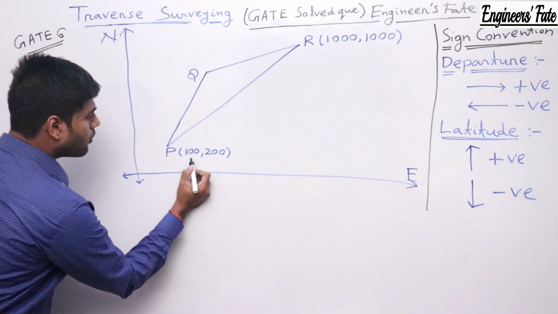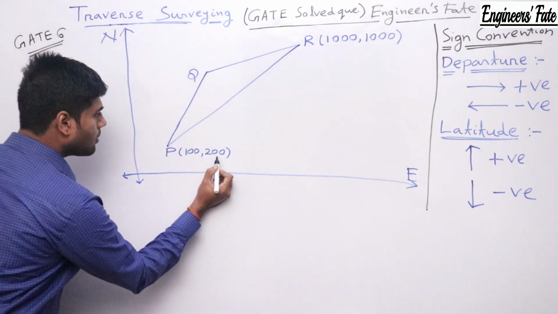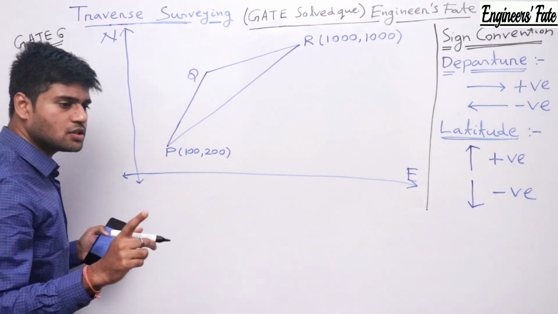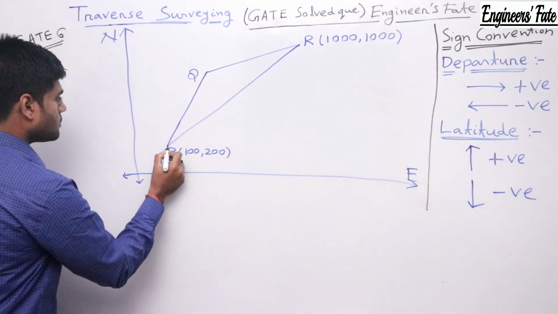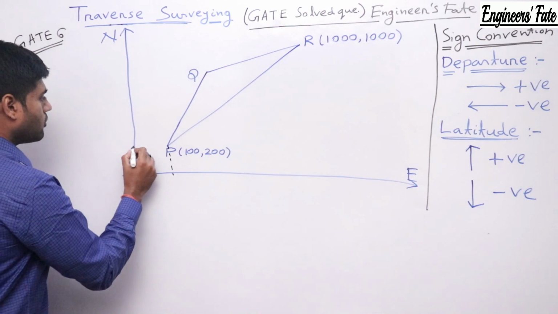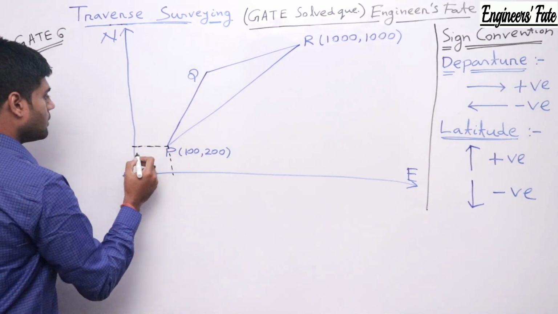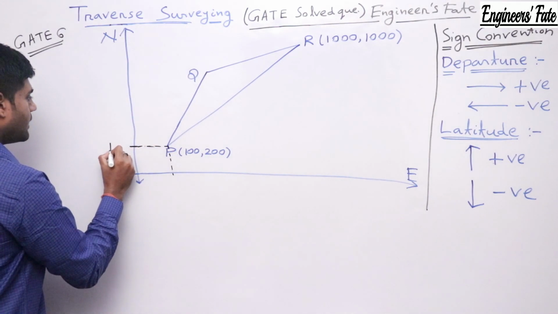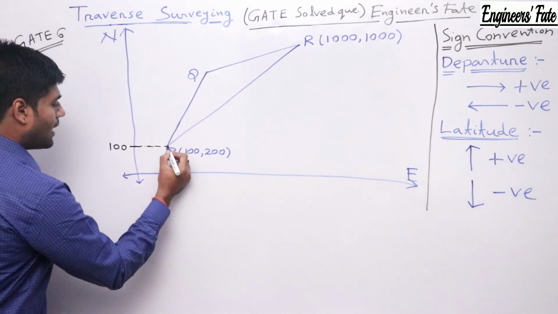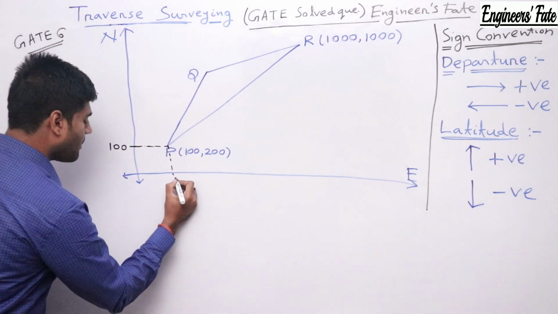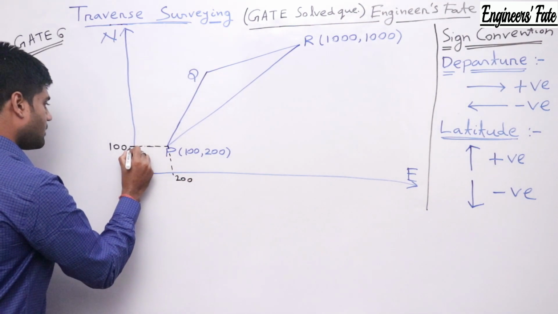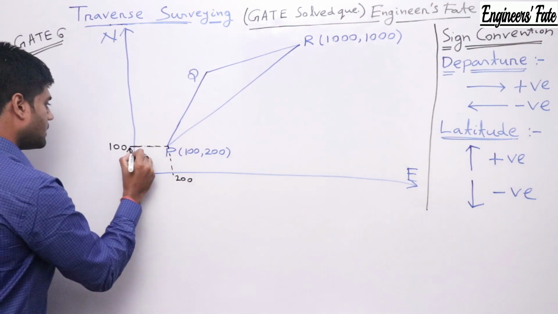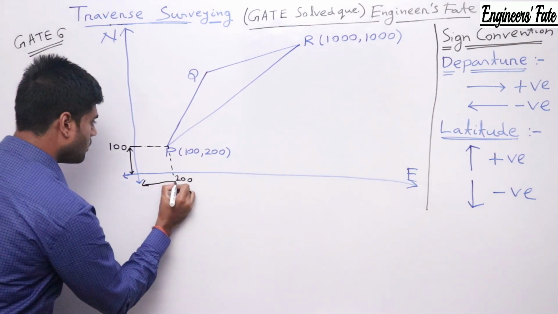The coordinate value of P is 100, 200, means first comes latitude, then comes departure. So I have to assign the value of P. This is the value of 100 and this is the value of 200.